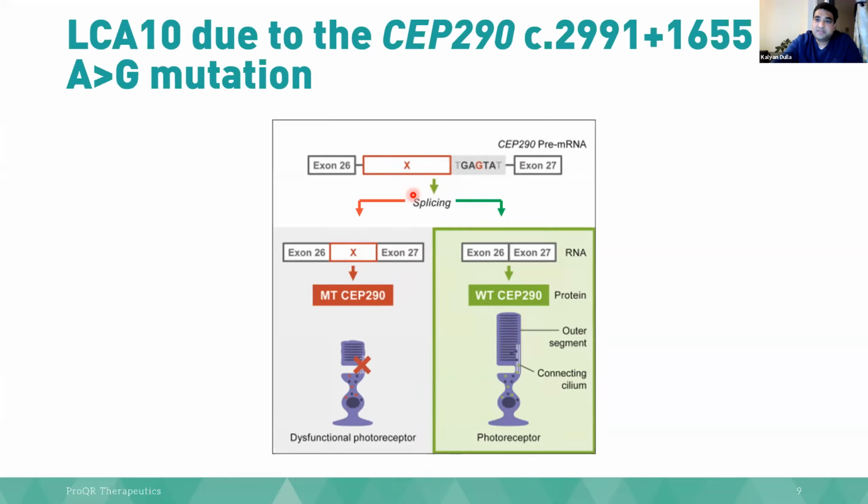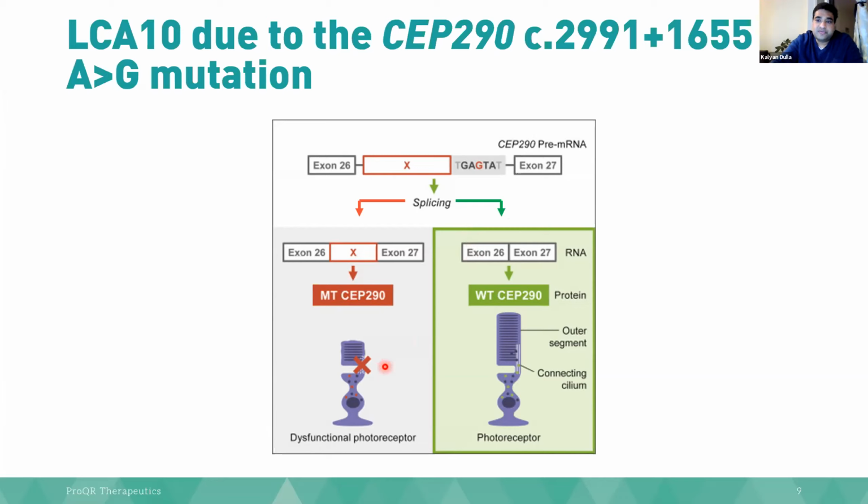When that happens, this new pseudoexon, referred to as exon X, gets incorporated in between the canonical exons 26 and 27. However, this pseudoexon contains many stop codons, so the resulting mRNA cannot be translated into full-length CEP290. Interestingly, a small amount of pre-mRNA is spliced into wild-type mRNA.